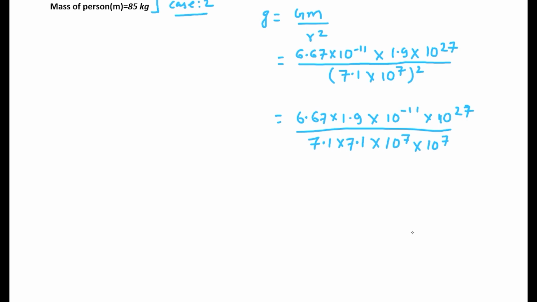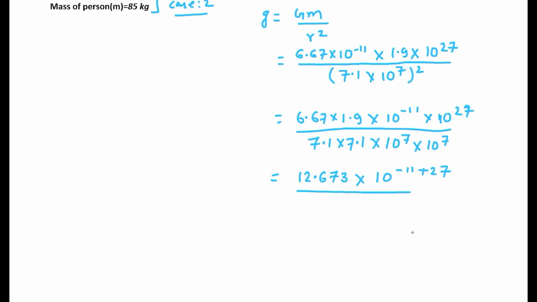So just multiply 6.67 into 1.9. The required value is 12.673, and here the base is the same, so the powers should be added.